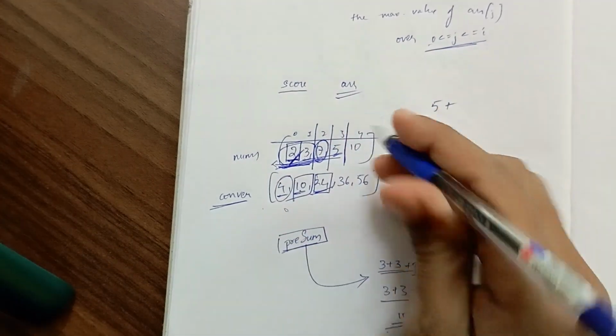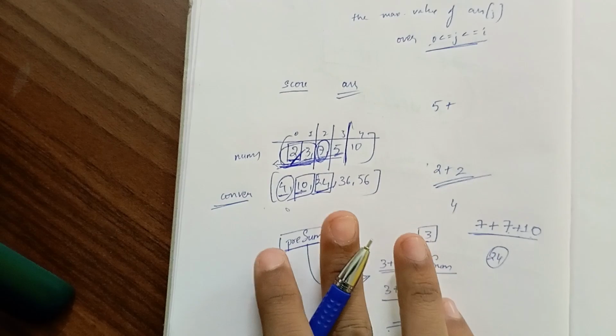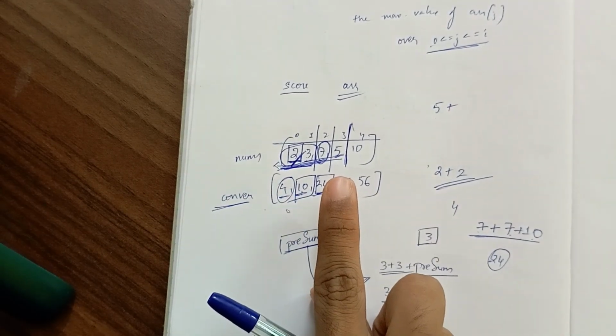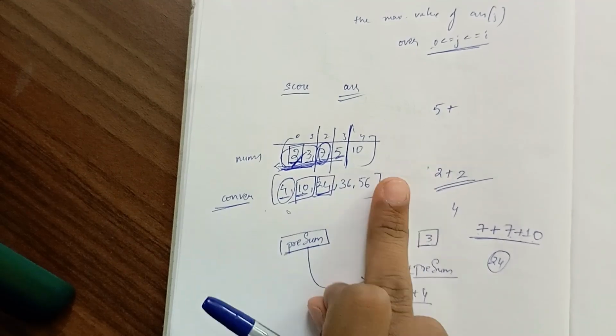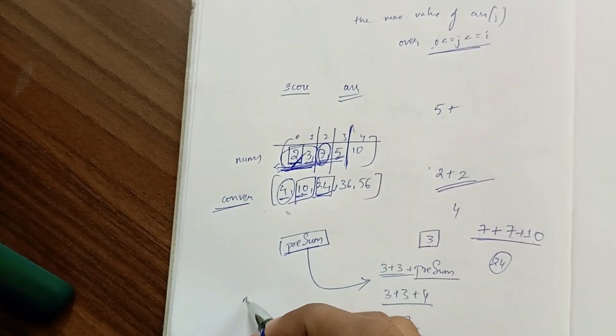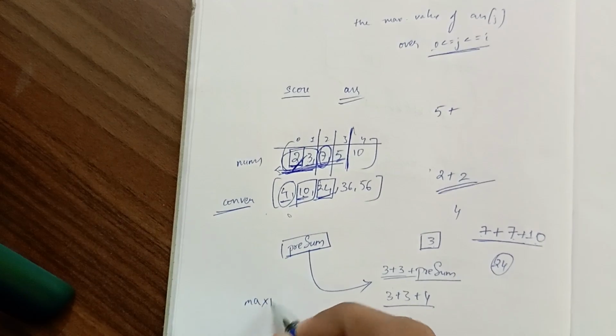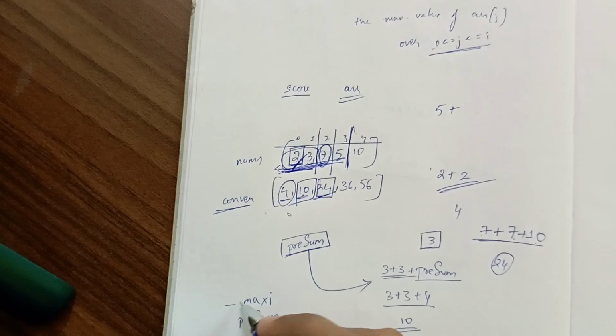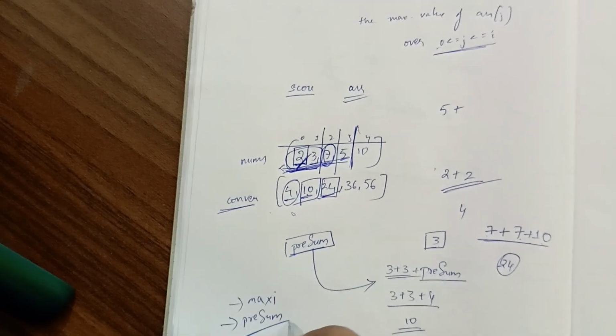That means till now we are considering two things: one is the maximum element up to now, and the second is prefixSum. So we initialize maxi and prefixSum as two integer variables.